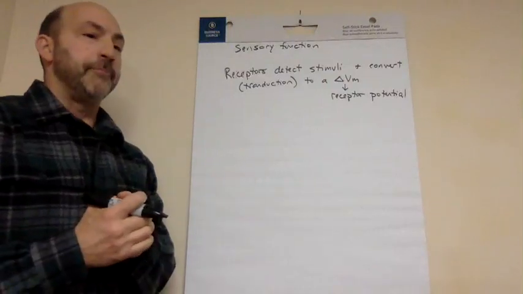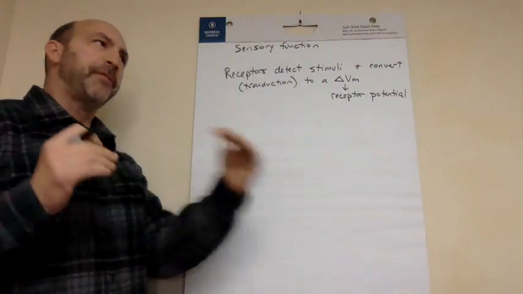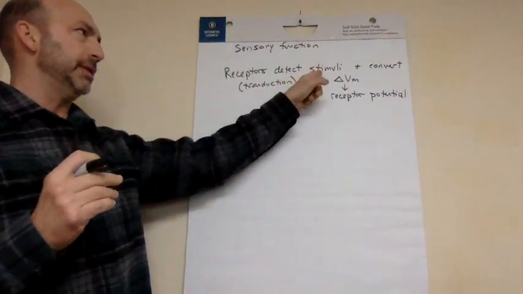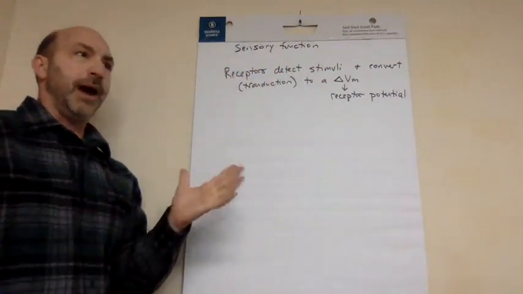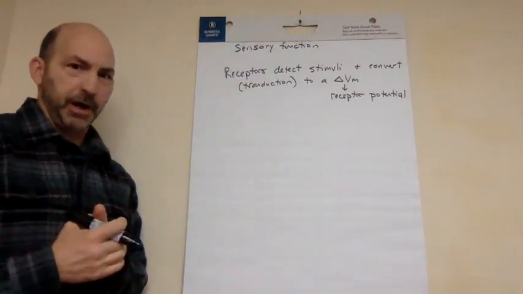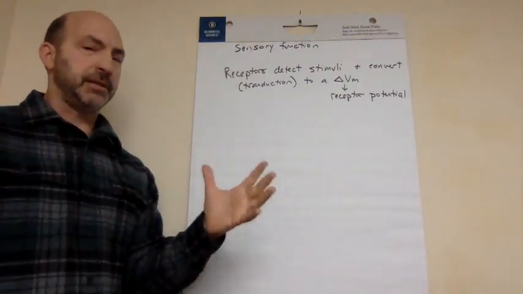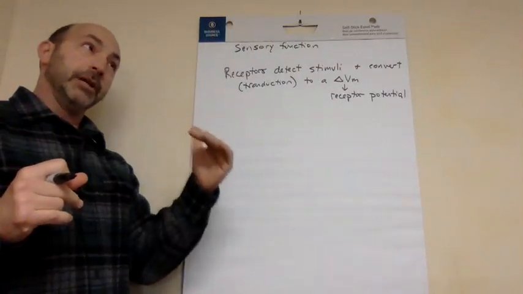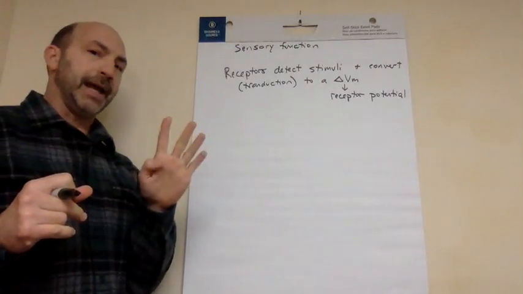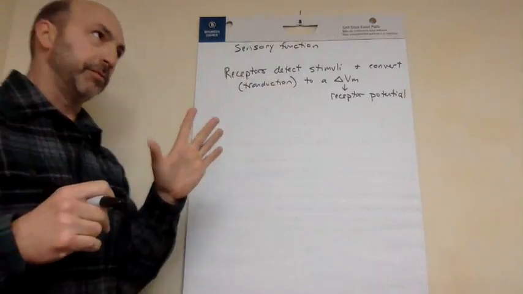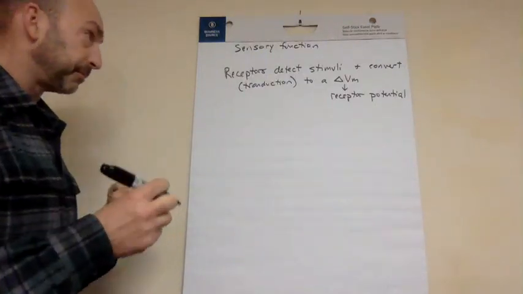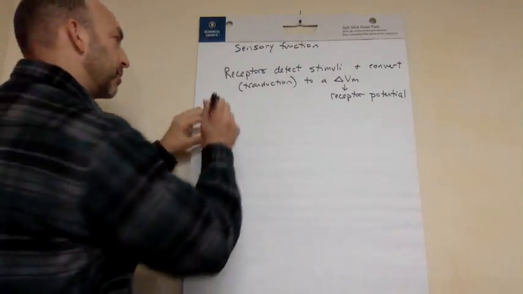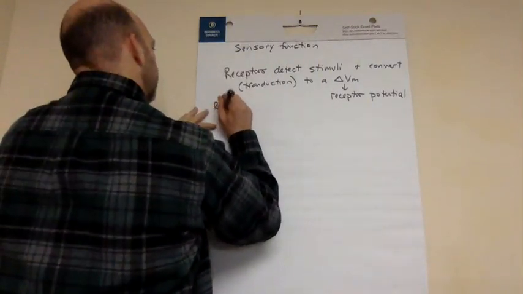But before we do that, let's talk about the types of receptors we have to detect these stimuli, because you think, wow, there must be an enormous number of them, right? Because there are so many different types of stimuli that you could receive. Well, that's true, but they fall into essentially 4 main categories, and 5 if we use one that overlaps a little bit. So these would be types of receptors, or receptor types.